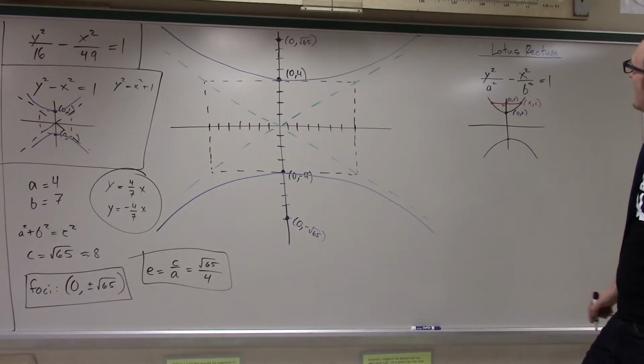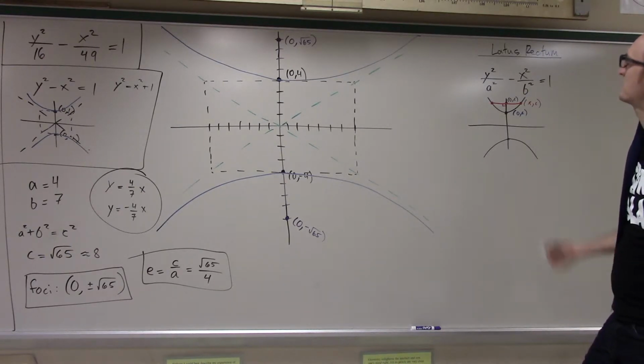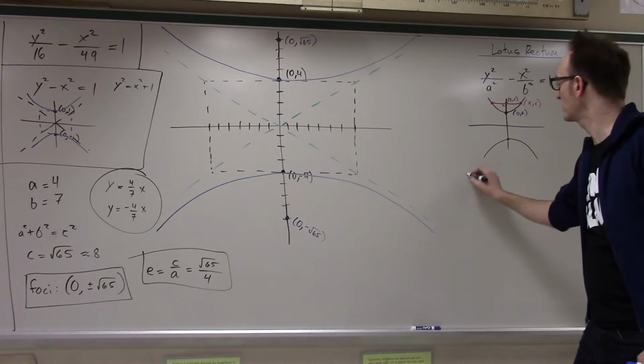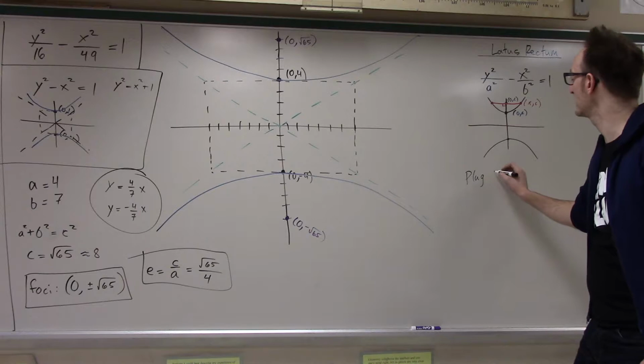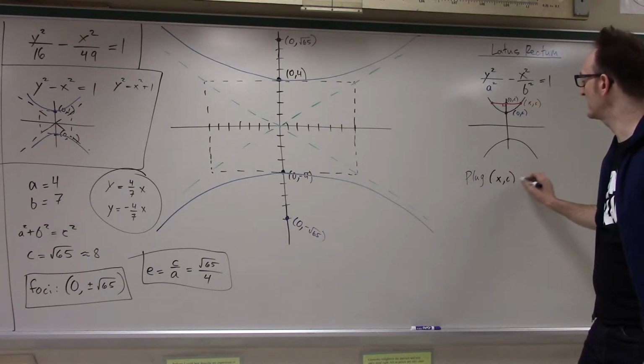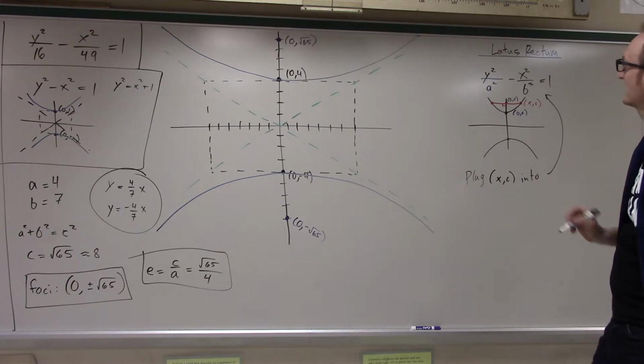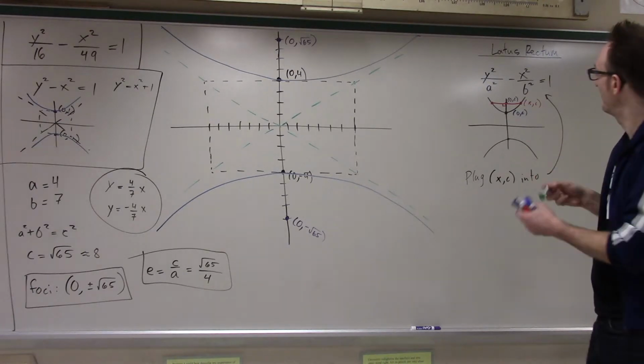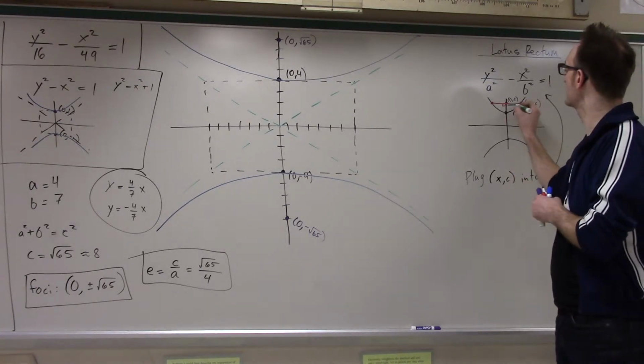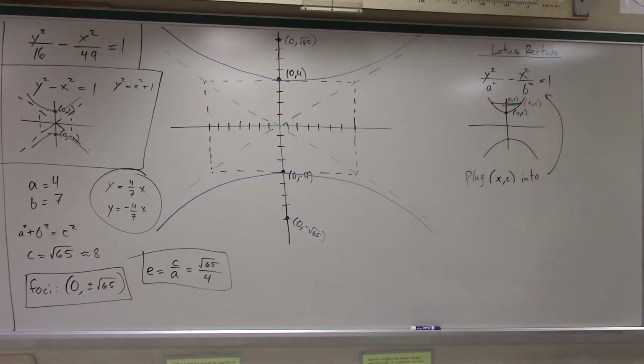So I want to plug the point x, comma, c into this equation and then solve for x. And that will tell me what this length is, that green segment, which is half the latus rectum.